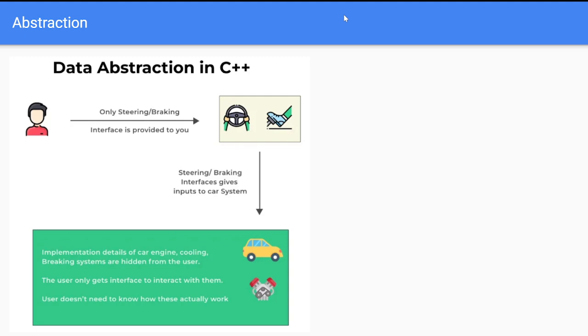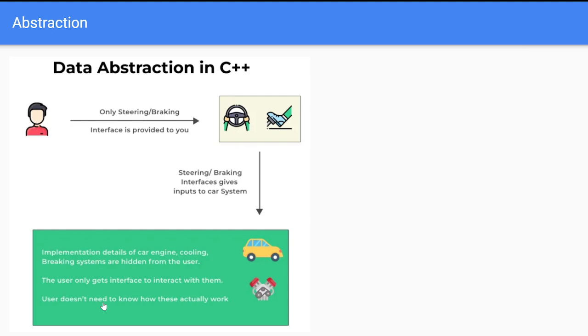And as I mentioned here, just the high level details. You don't need to worry about the underlying details, you just need to worry about how to brake it or how to steer it. So the implementation details of the car engine, cooling, and braking systems are hidden from the user. The user only gets an interface to interact with them.